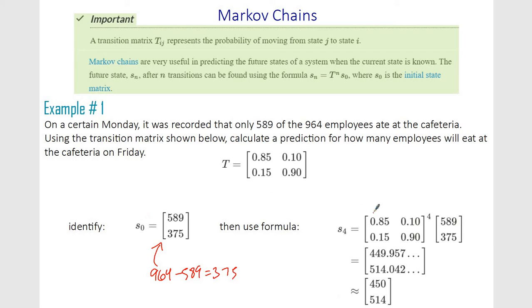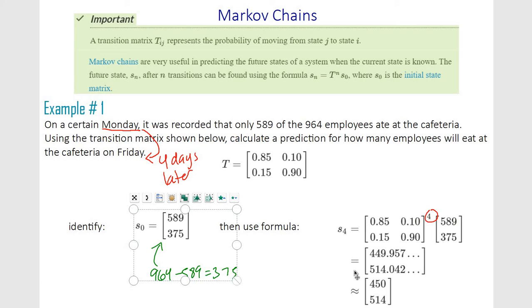Then using our formula, it starts on Monday to go to Friday. That's 4 days later because you're going Tuesday, Wednesday, Thursday, Friday. So that's 4 days later, which is where we get here. I should probably do those as different colors so it's not confusing.